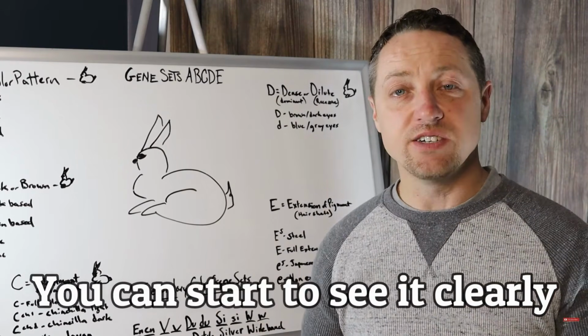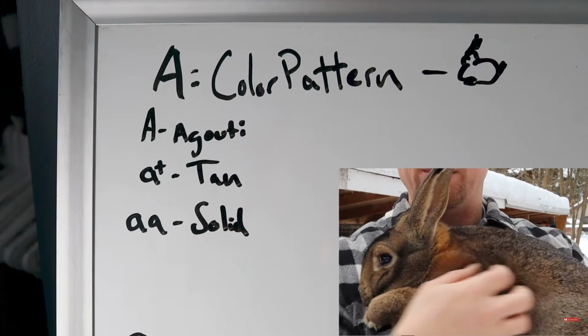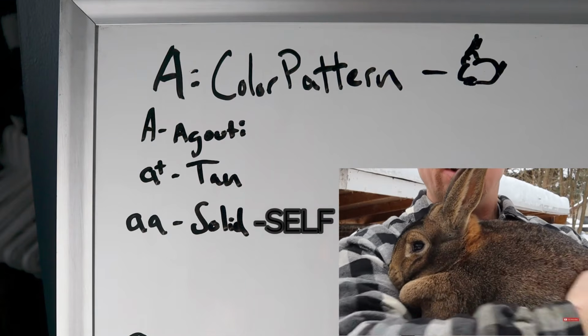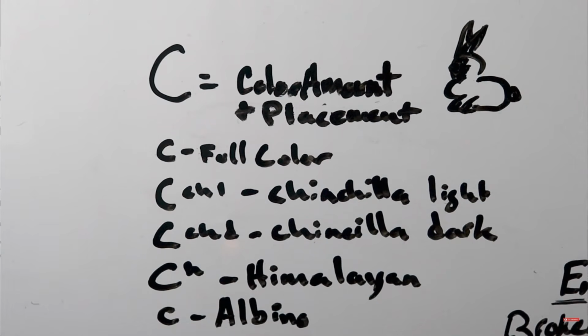Going back to the A series, that's going to cover, is it agouti, or is it tan, or is it solid, or self? Self stands for a solid color. And then moving on to the C series, that's when we're talking about California rabbits or Himalayan rabbits, where it's the color pattern or the color amount.